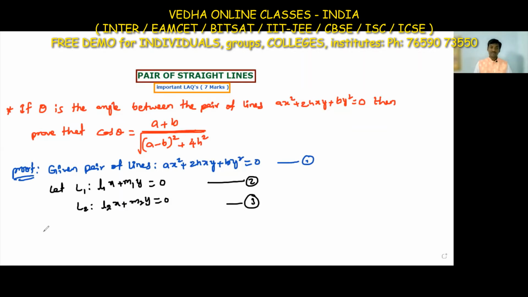Now we get ax square plus 2hxy plus by square is equal to (L1x plus M1y) into (L2x plus M2y).